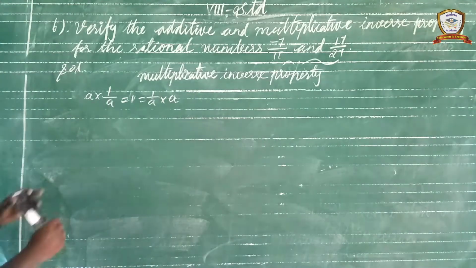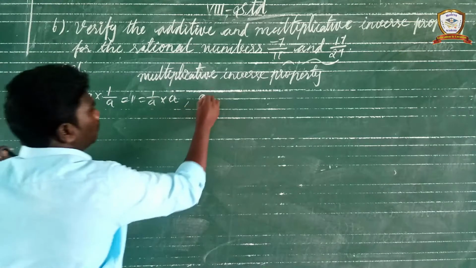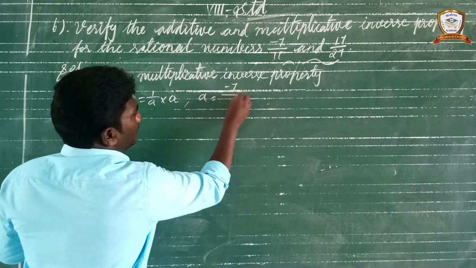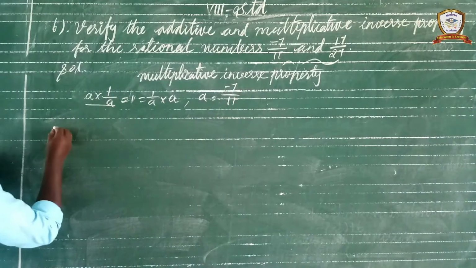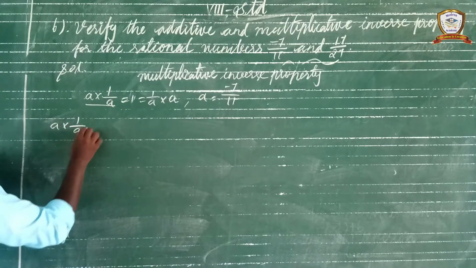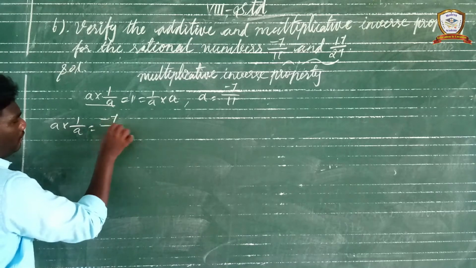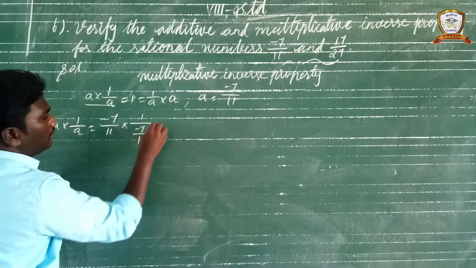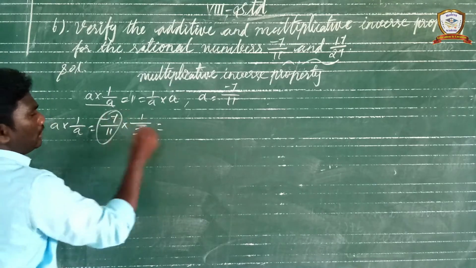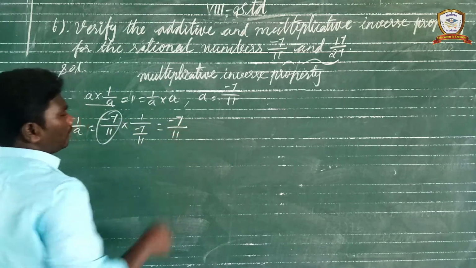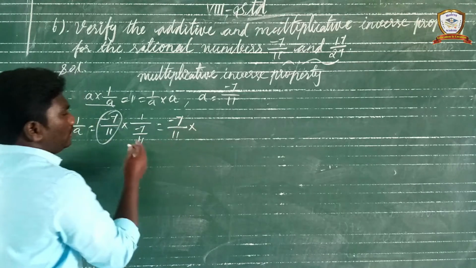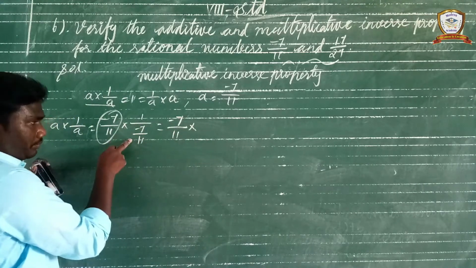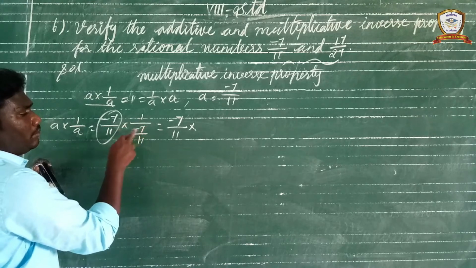So this one we now prove. Here a is equal to minus 7 by 11. First you take the LHS, a into 1 by a. So a is minus 7 by 11 into 1 by a, that is 1 divided by minus 7 by 11. So this is how to write this, minus 7 by 11, like we have taken. So multiply by 1 by minus 7 by 11.